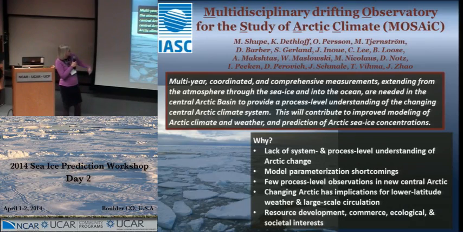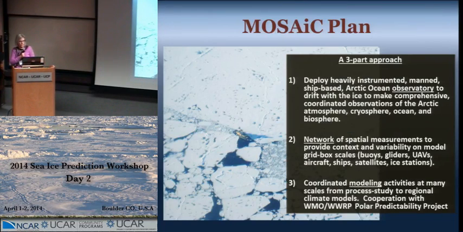There are lots of other names here, and some of the people you find here in the audience as well. There are plans to do different types of research experiments, with a three-part approach: an observatory, a network of spatial measurements, and the coordinating modeling that goes along with this, which is coordinated with the Polar Prediction Project.